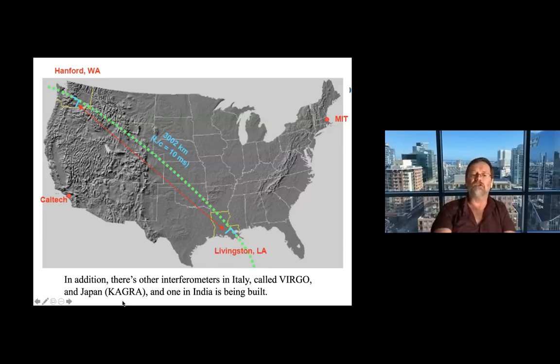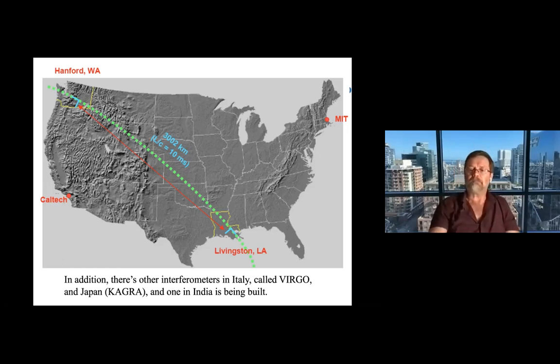So the one in Japan is close to doing science, and the one in India is being built, and I've forgotten where. It's not in Pune. The institution responsible is in Pune, meaning the lab that is responsible for building it. I believe the instrument is somewhere in the middle of nowhere, somewhere in the south, but I don't remember where. Very interesting.